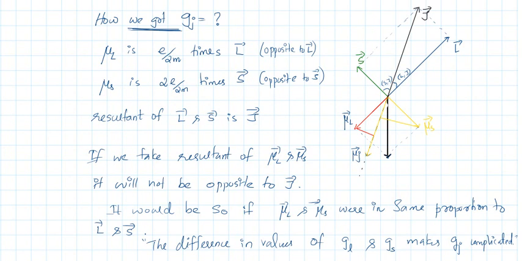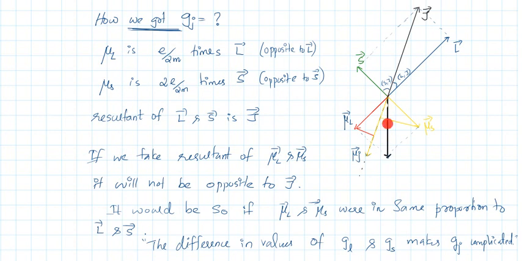Now what happens? If you take the resultant of S and L, the parallelogram law will give you the J vector as given by this black line. The resultant of mu_L and mu_S is given by this solid dark line.